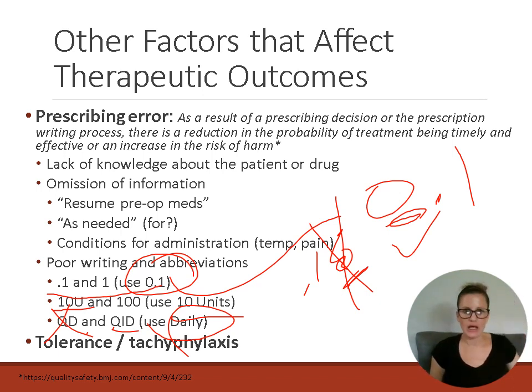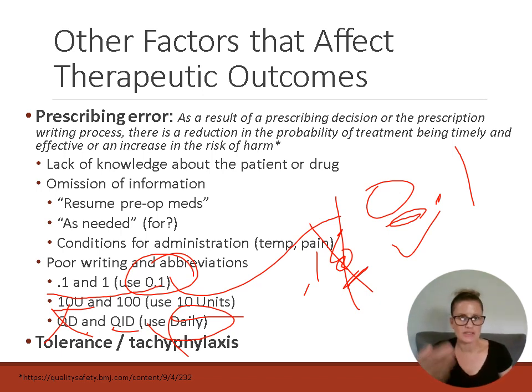Last thing, on this slide, for things that affect therapeutic outcomes, tolerance or tachyphylaxis can occur. Tachyphylaxis just means as you take a drug for a period of time, it doesn't work as well. It starts working less and less over time.